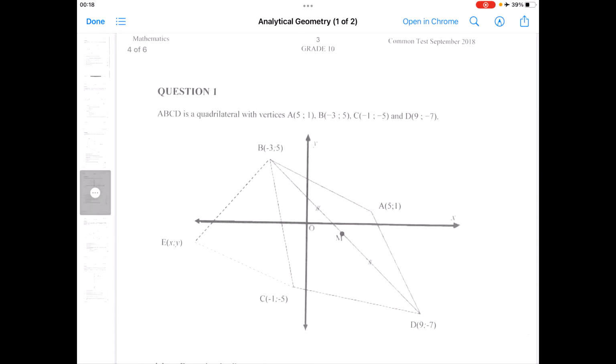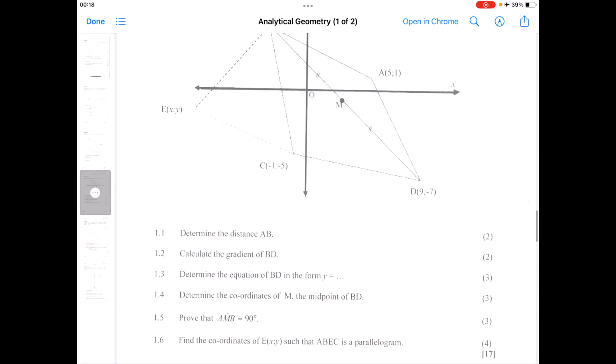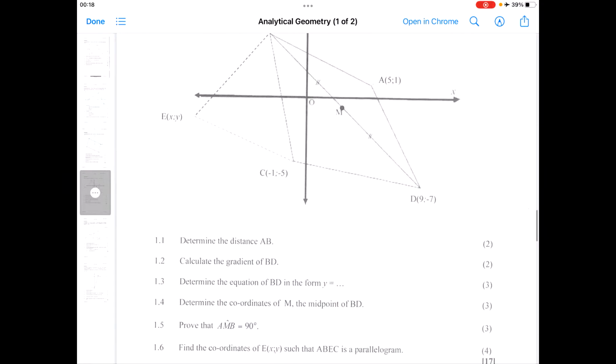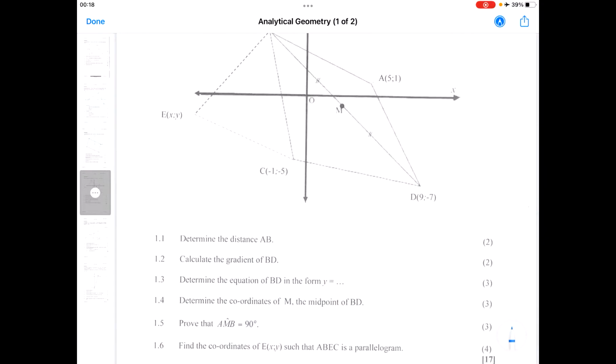What happened there? I'm just not sure of what happened. It seems like it erased all my information. But I think you guys have got an idea of where I was going with that. Let me try check if I can quickly redo that.